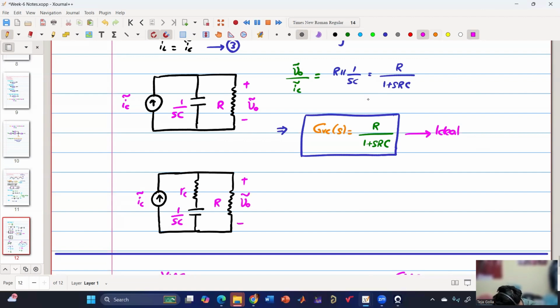So now here we'll have GVC of S equal to RC plus 1 by SC parallel R. So this is for the non-ideal case.